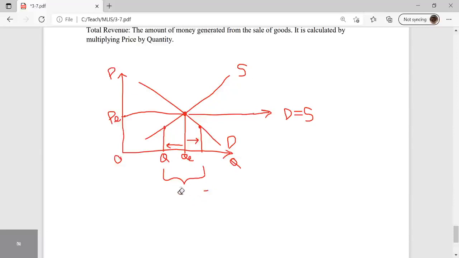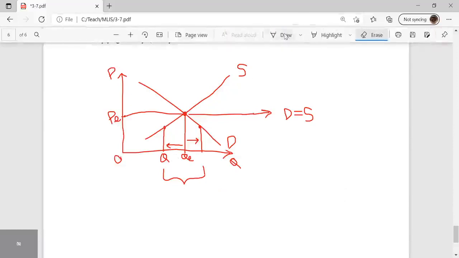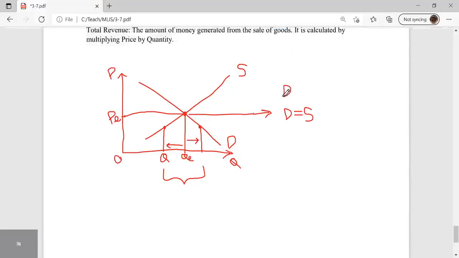With this graph we can again draw excess supply. This is a situation when demand is less than supply, right? That's why this is known as excess supply.